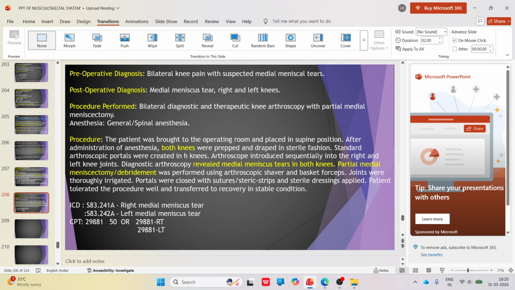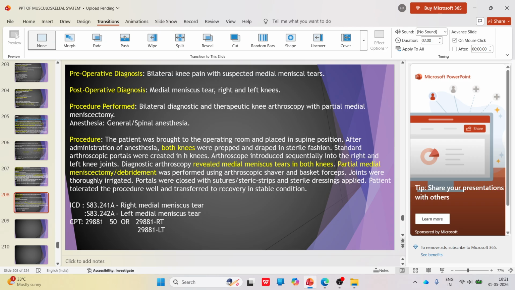Coming to the next, that is a knee. Now, the preoperative diagnosis is bilateral knee pain with suspected medial meniscus tear, and the postoperative diagnosis is medial meniscus tear on right and left knee. The procedure performed was a bilateral diagnostic and therapeutic knee arthroscopy with partial medial meniscectomy. The patient was brought to the operating room and placed in supine position. After administration of anesthesia, both knees were prepped and draped.